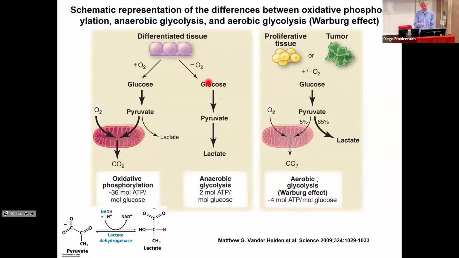And so glucose would be degraded in glycolysis to pyruvate, but it would not be incorporated into mitochondria. It would be further converted to lactate. This is called anaerobic glycolysis.